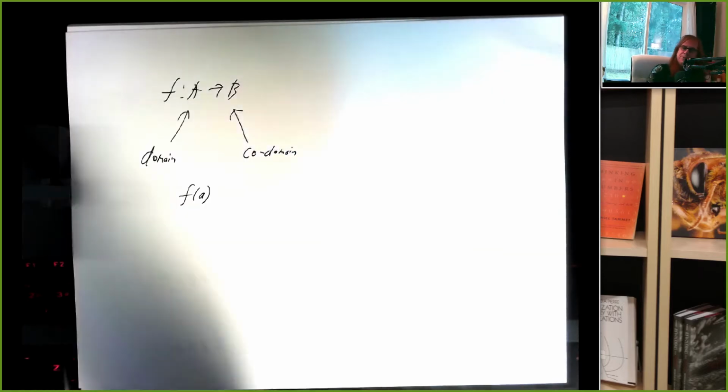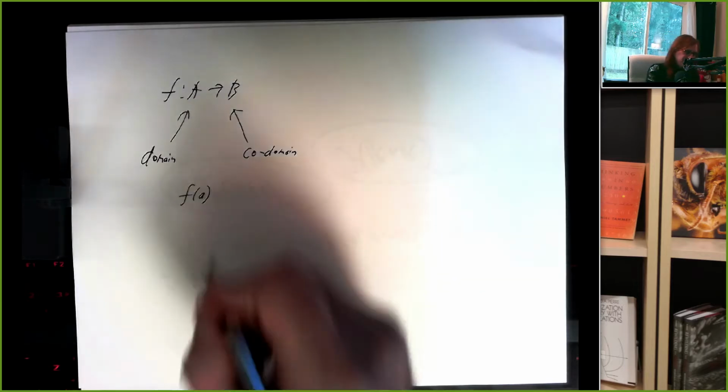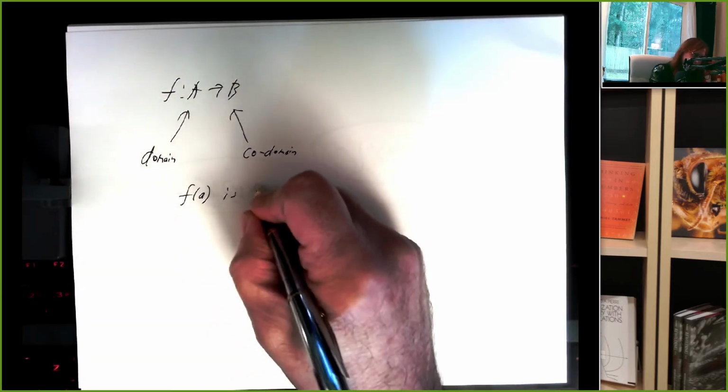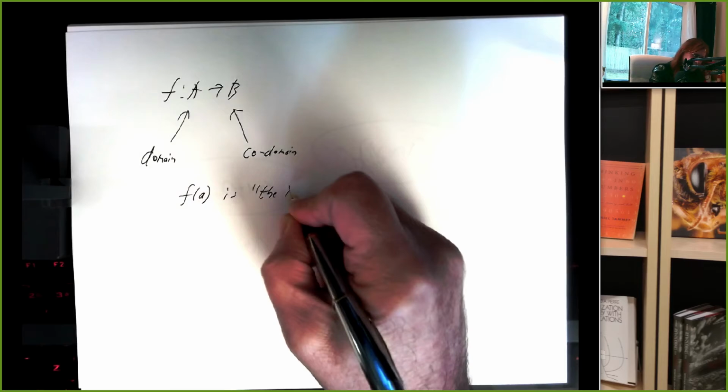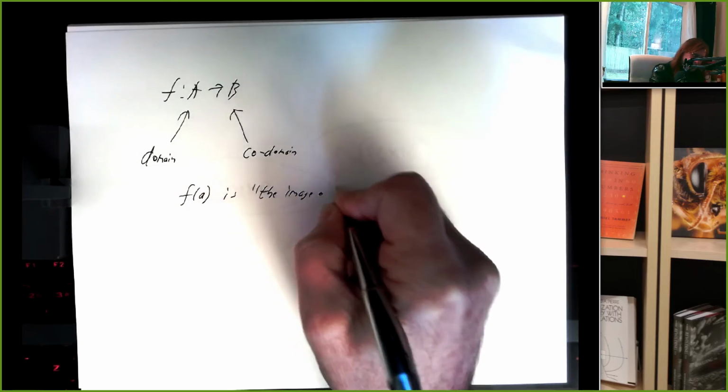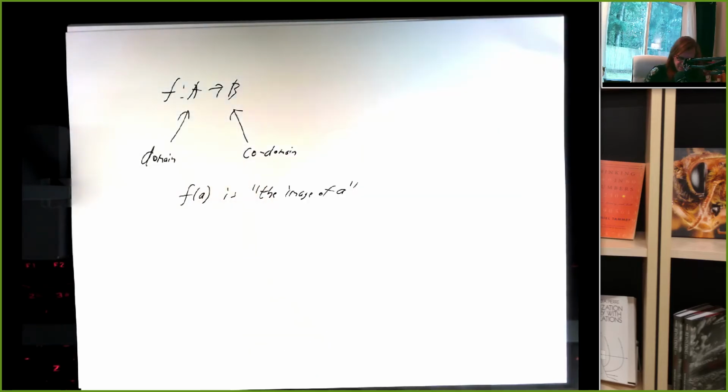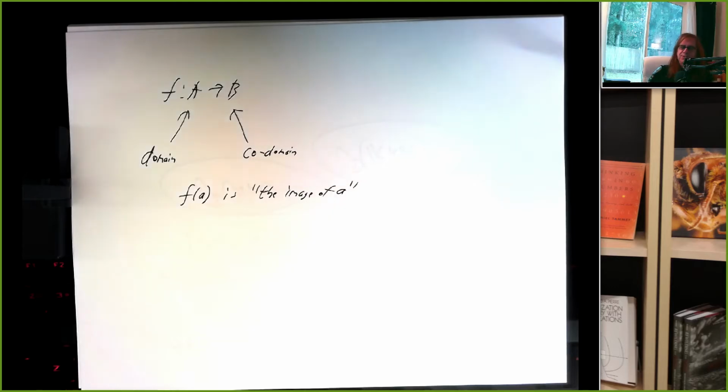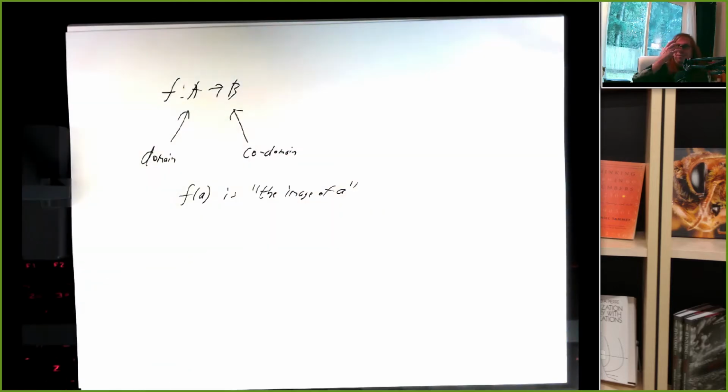If we take a particular point A and we map it under F, this is called the image of A. So we can think of this as like a projector. You shine a projector on A and you get things in B.